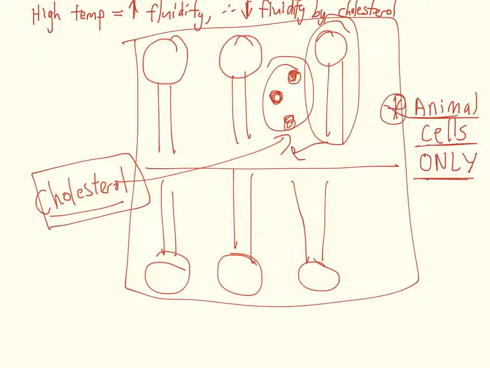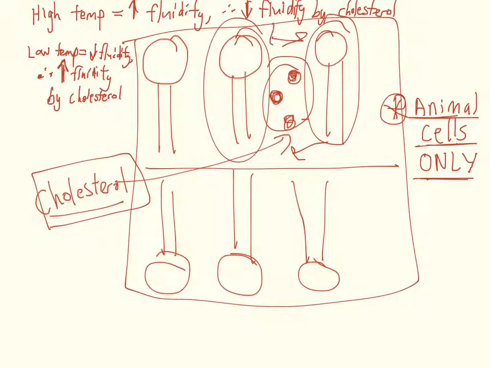But let's say the temperature is really low. Well, the cholesterol molecules will prevent these phospholipids from coming too close together. So when the temperature is too low, cholesterol will increase membrane fluidity. So cholesterol acts as a buffer. It tries to maintain the optimal level of fluidity, and it acts opposing the temperature effects.